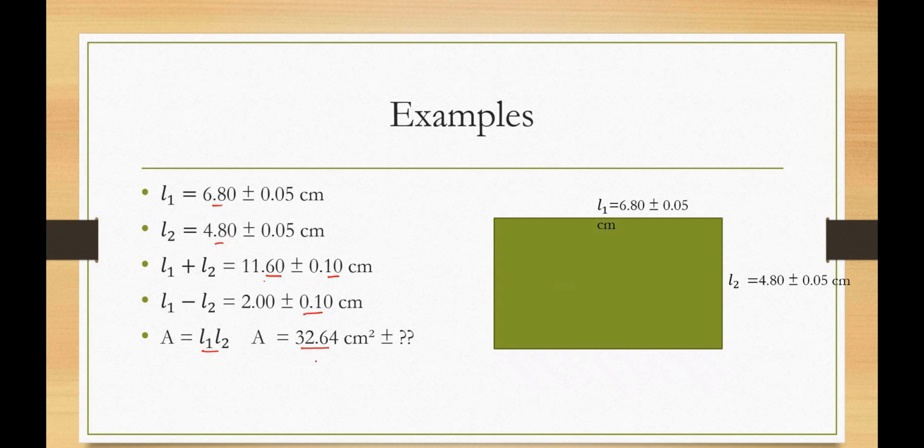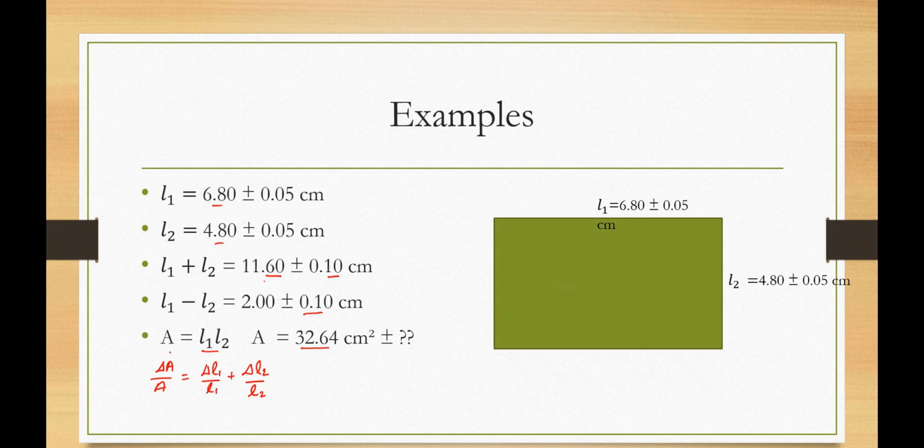Calculate the quantity, which is 32.64. Step number 2, write down the fractional uncertainty of each term and add the fractional uncertainty. So delta A by A equal delta L1 by L1 plus delta L2 by L2.